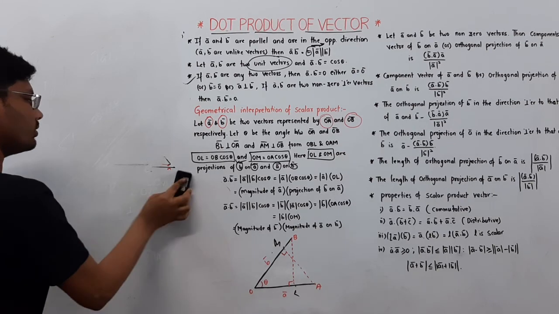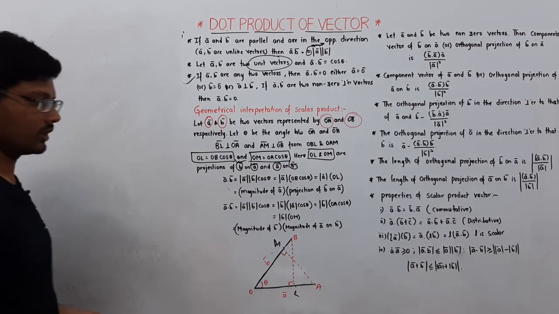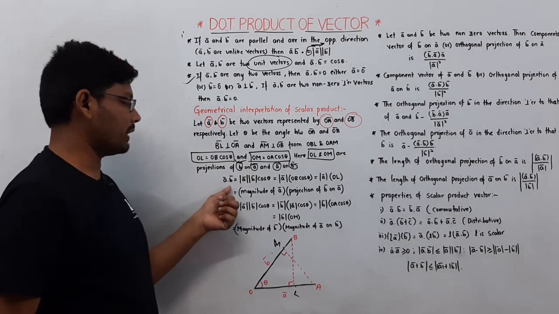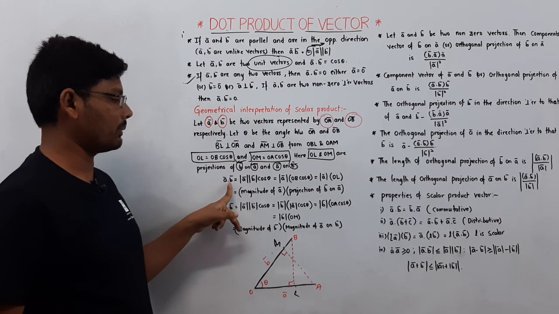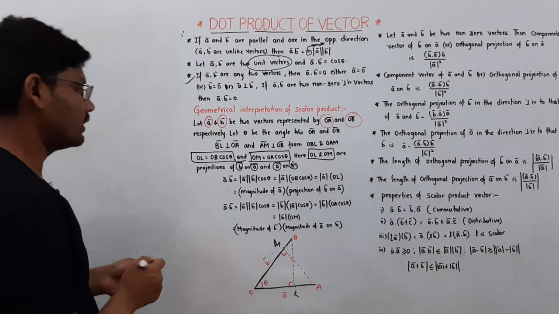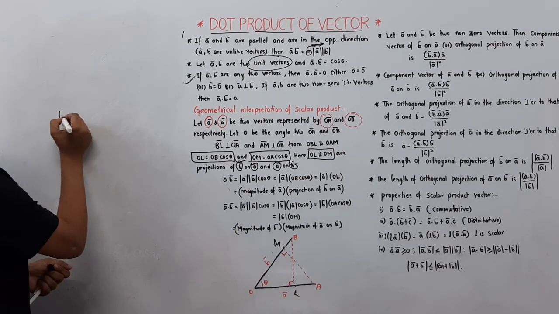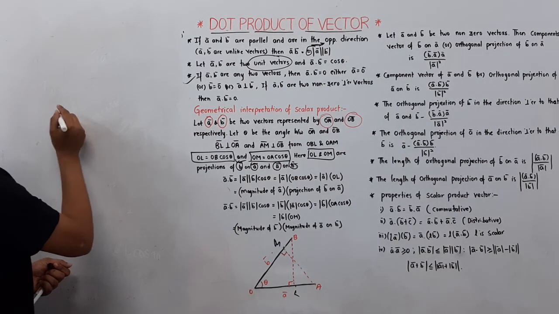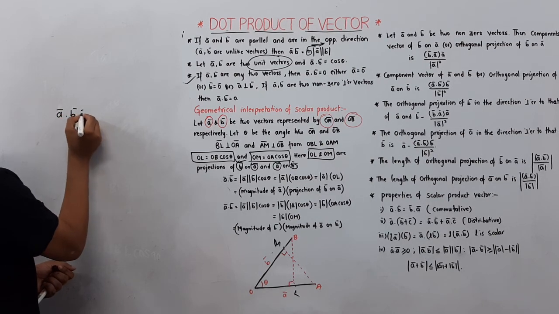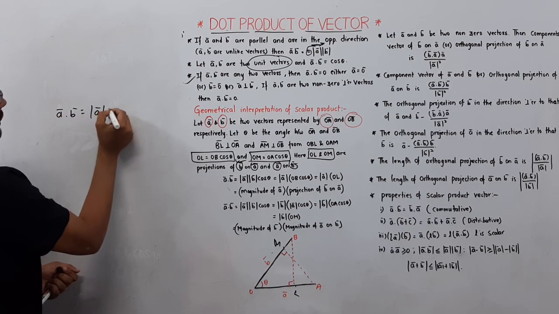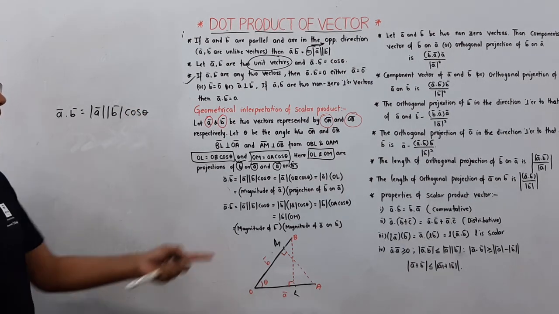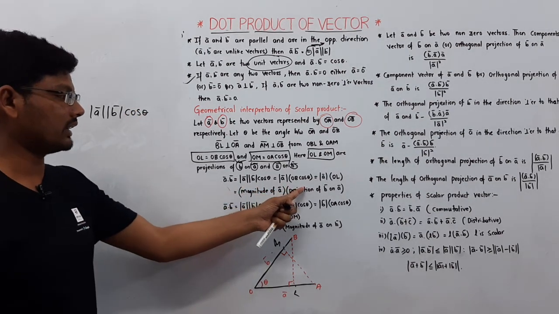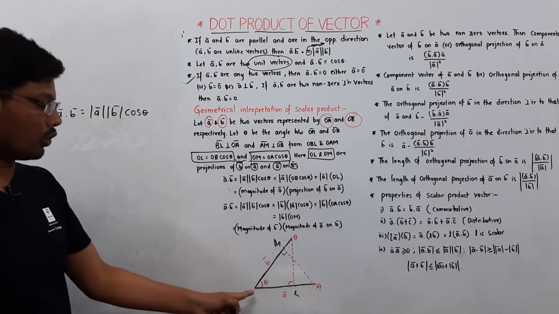Now the dot product of two vectors A bar dot B bar is equal to the magnitude of A bar, magnitude of B bar into cos theta. This is the formula here, where B bar cos theta: B bar is nothing but OB, so OB cos theta.